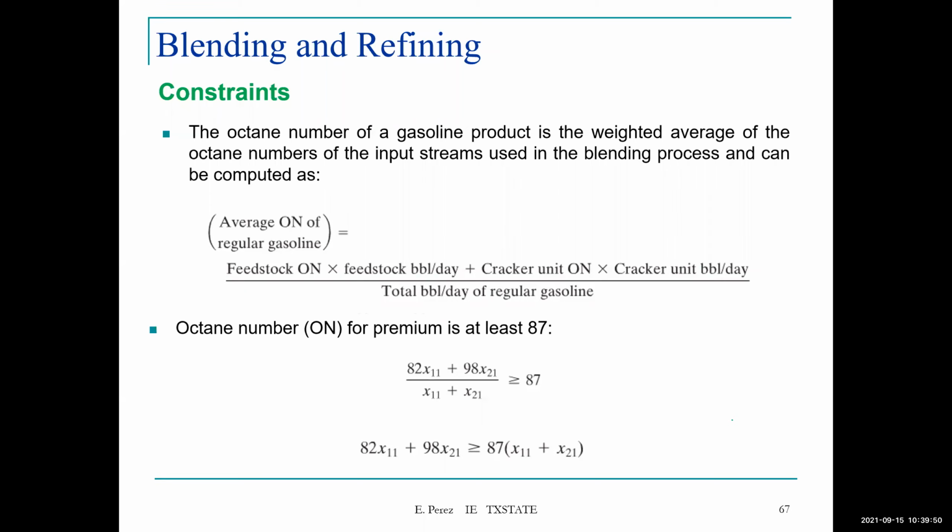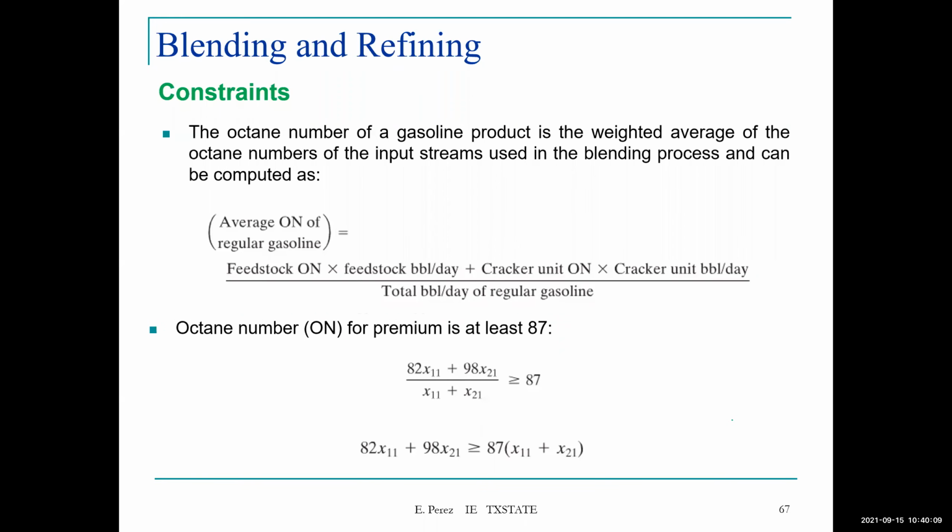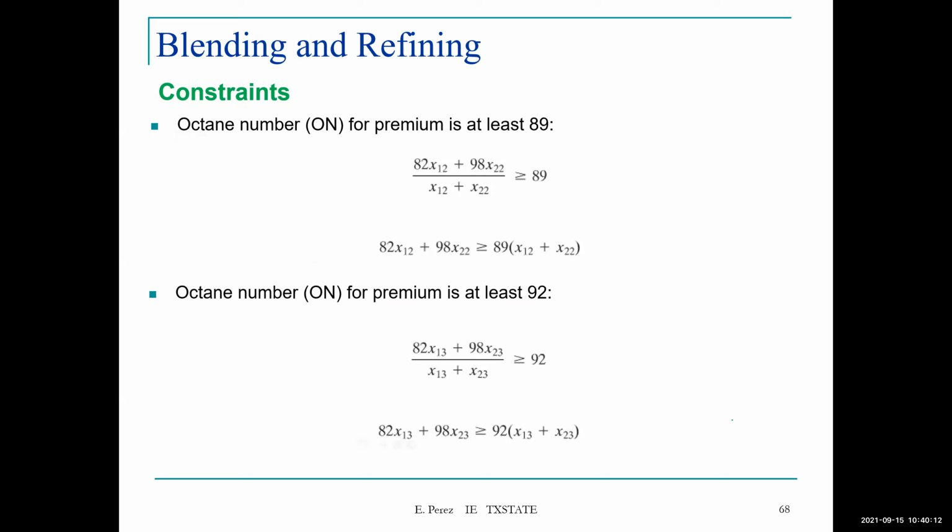So we can solve this, or move this piece, multiply this on both sides and move it to this side of the equation. Same thing for ON premium at least 89. So we follow the same expression now for 89. We have the ON 82, ON 98, and we use the decision variables associated with the second type of gasoline, which is premium.